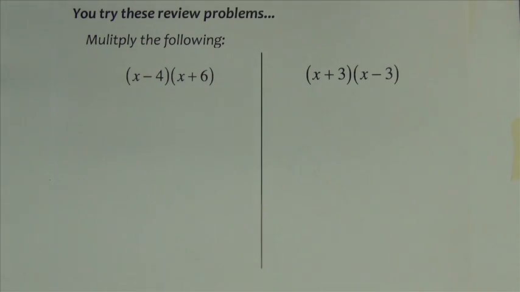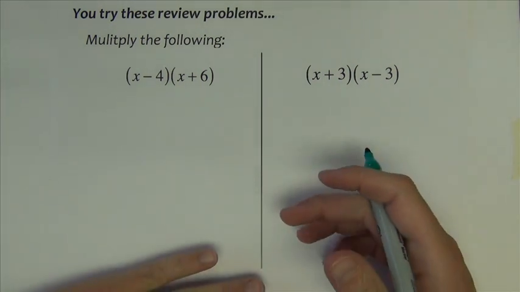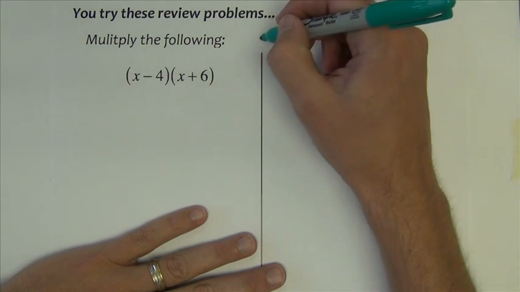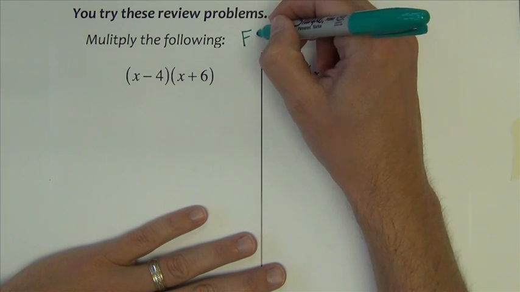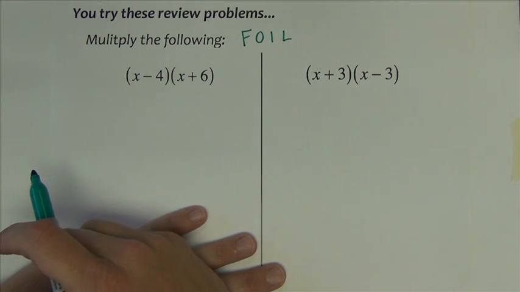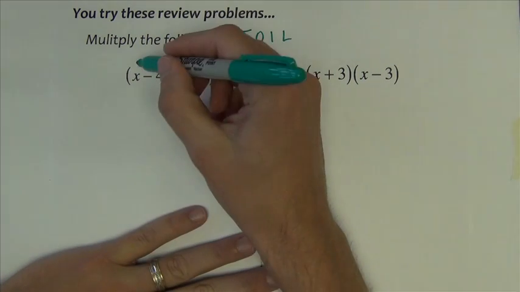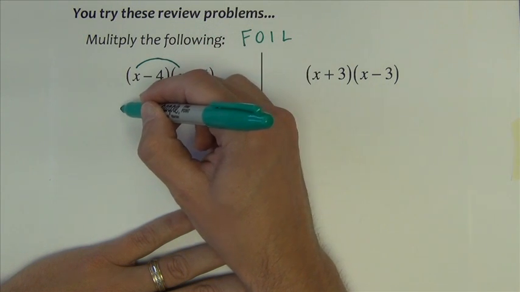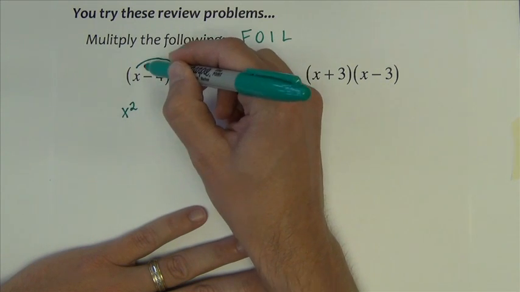Before we get into factoring problems, I thought we'd review a related problem, which is multiplication of two binomials. You might recall from your Algebra 1 days the acronym FOIL, which stands for first, outside, inside, last. You do it like this. The first in each binomial, x times x is x squared.